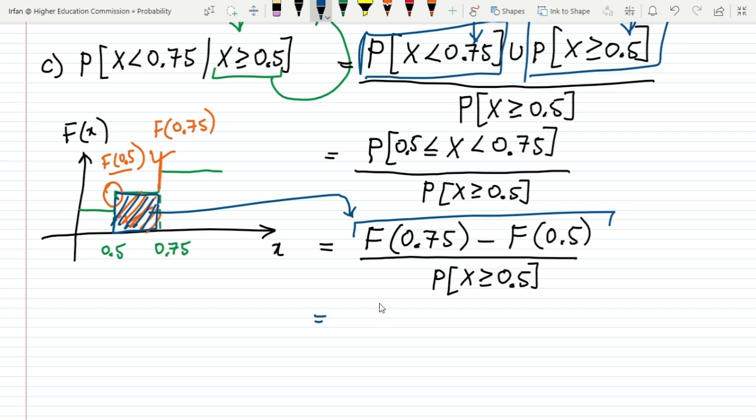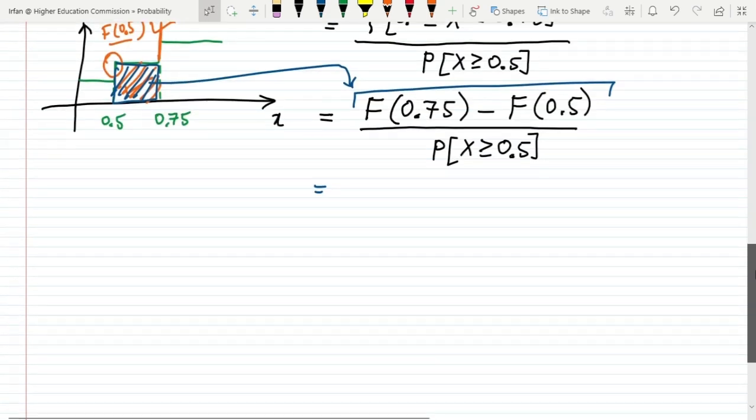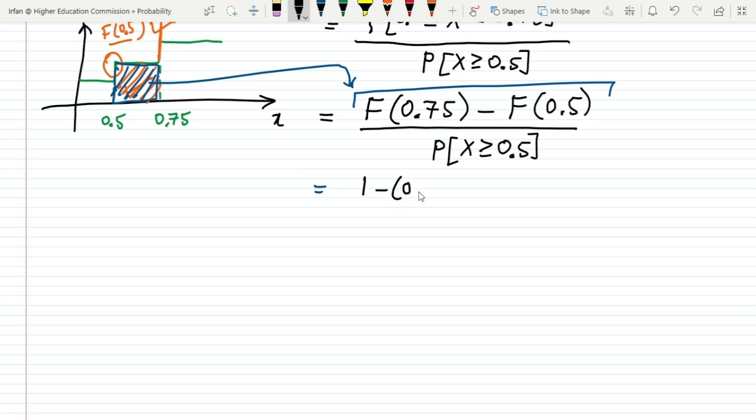Okay, so now putting values here in the formula for F of x, this is the formula which I had: 1 minus (x minus 1) whole square. So let me put these values here, and I will have 1 minus (0.75 minus 1) whole square.